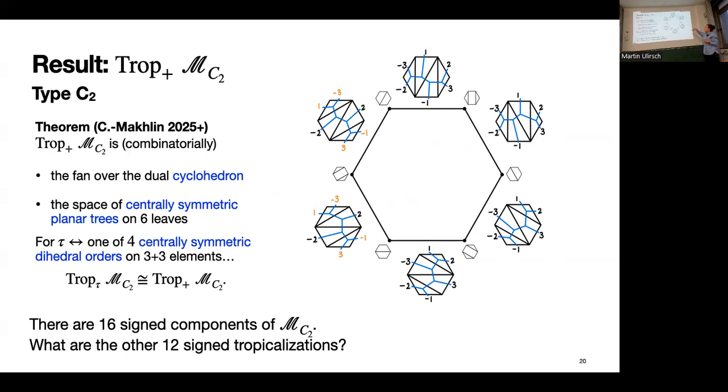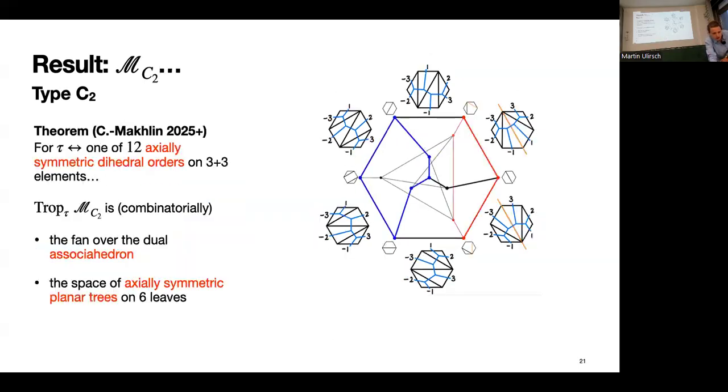And any centrally symmetric subdivision, I can draw a long diagonal through it that either is a long diagonal of the subdivision, or at least it doesn't cross any of the short diagonals. So in this case, these 2 trees here share this long diagonal. And by cutting the polytope there and flipping one side, now I have an axially symmetric subdivision.